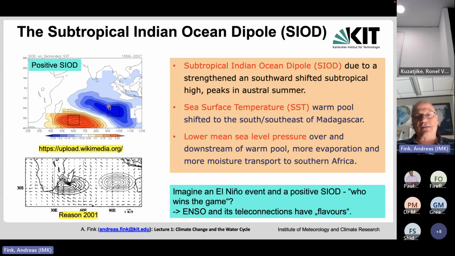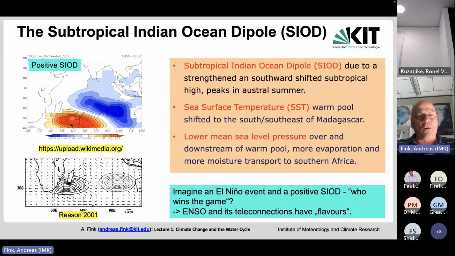Basically, it is associated with a strengthening of the subtropical anticyclone in that region. An anticyclone in the southern hemisphere rotates like this. So you have stronger trade winds here. The stronger trade winds evaporate more ocean water, and evaporation means cooling. So that cools this part, and here it is warmer. And it peaks in austral summer.